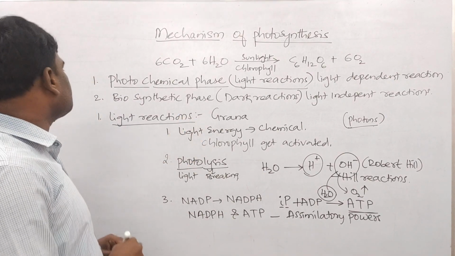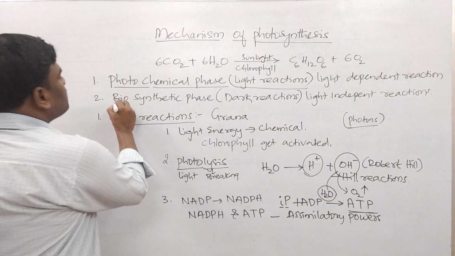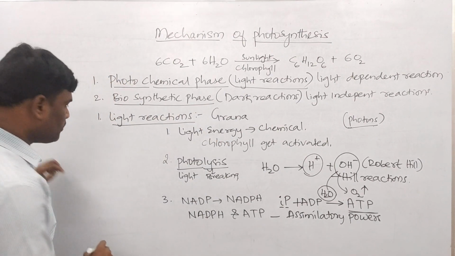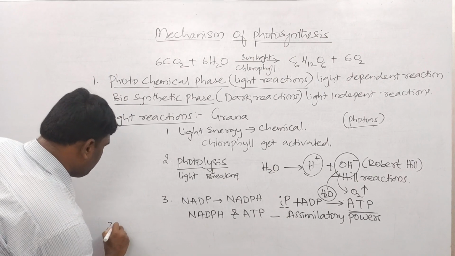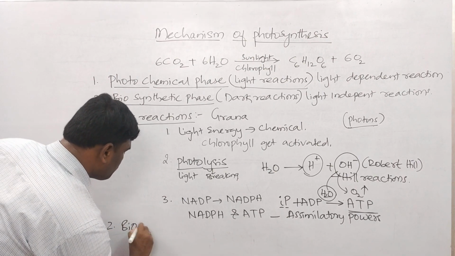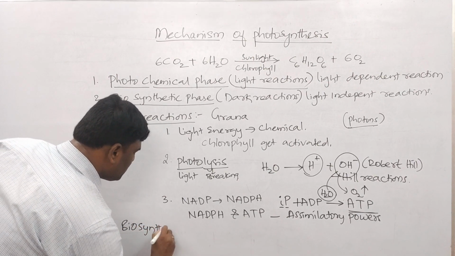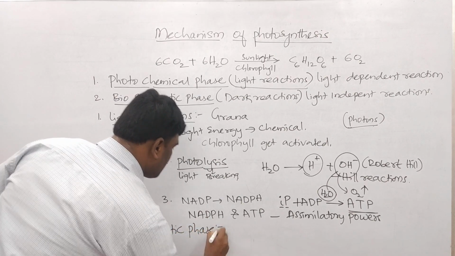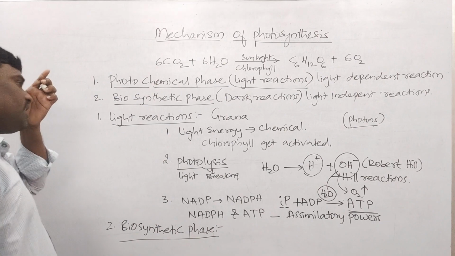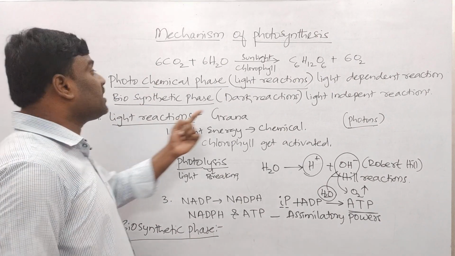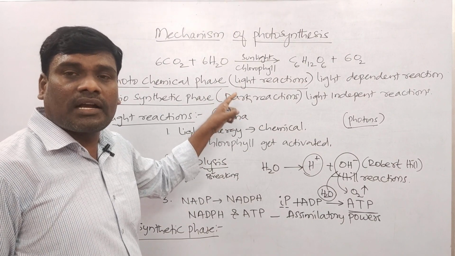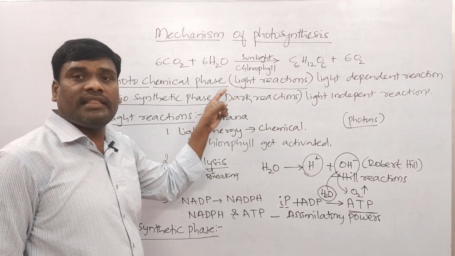And next, the second phase, we call it the biosynthetic phase. So let me write it here, children. Biosynthetic phase, the second phase. In this biosynthetic phase, we call it what, children? A dark reaction. It doesn't mean that these reactions occur only in the dark, only at night.